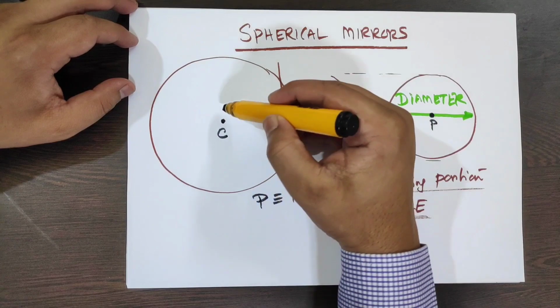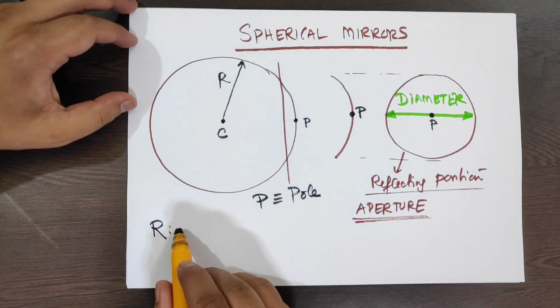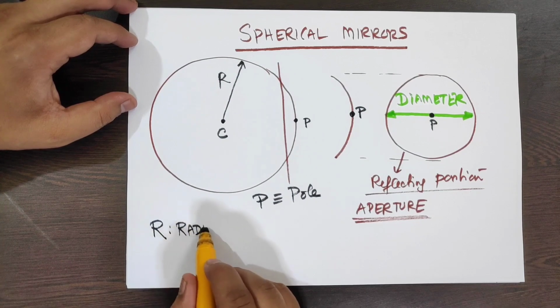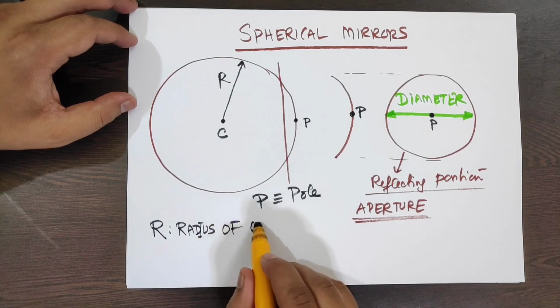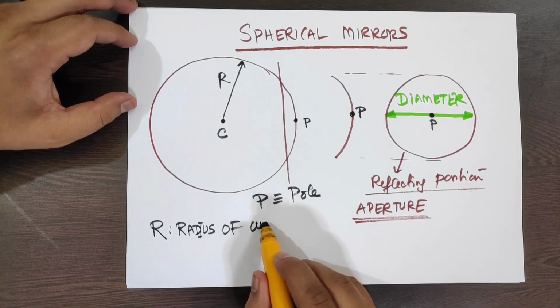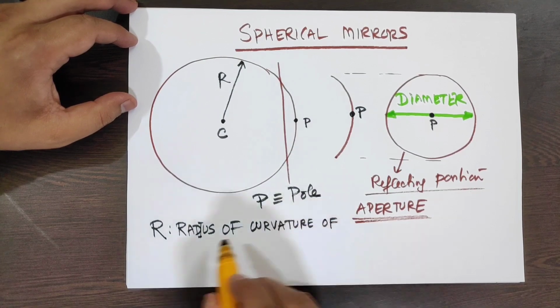Now this radius of the sphere, R, is known as the radius of curvature of the mirror.